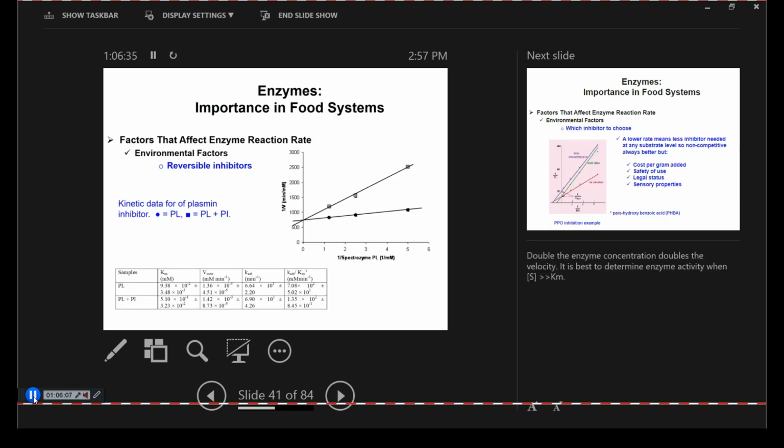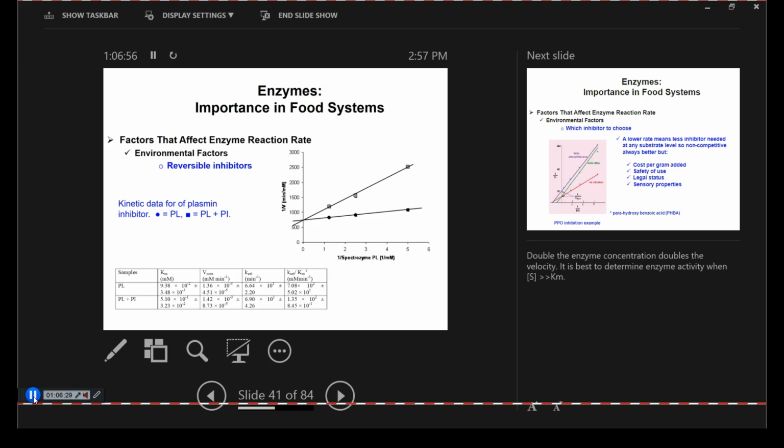This is an example of an application where we wanted to look at the type of inhibitor that is natively present in milk. This is another research project that I worked on, again at Purdue. We were looking at plasmin and plasmin inhibitors in milk.